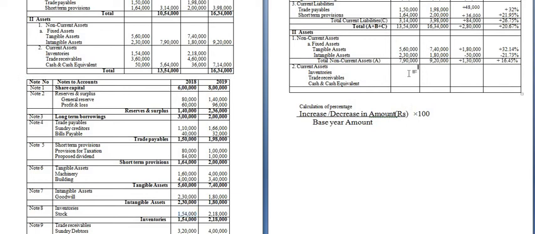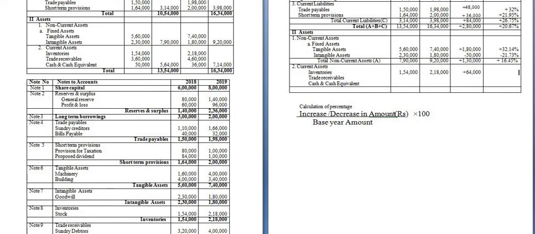So write in front of inventories 1,54,000, and for 2019 it is 2,18,000, which means the amount of inventories has increased in the year 2019. How much increased? 2,18,000 minus 1,54,000. So write here a plus sign, 64,000. Now find out the percentage.